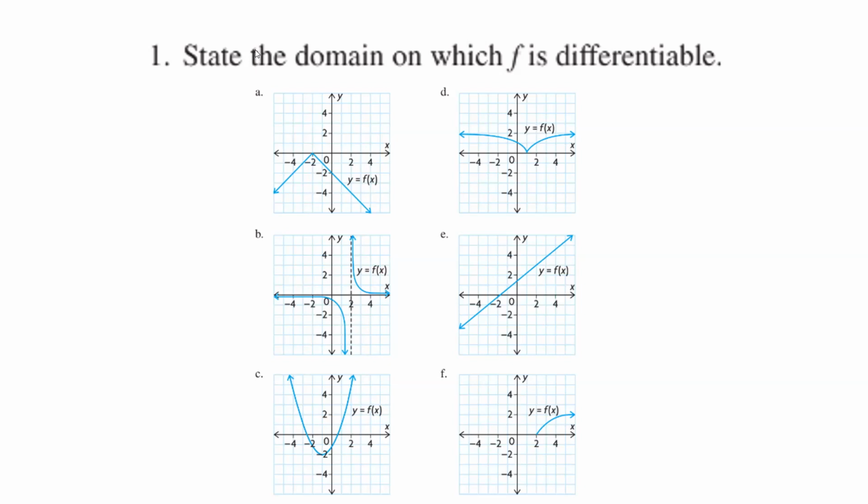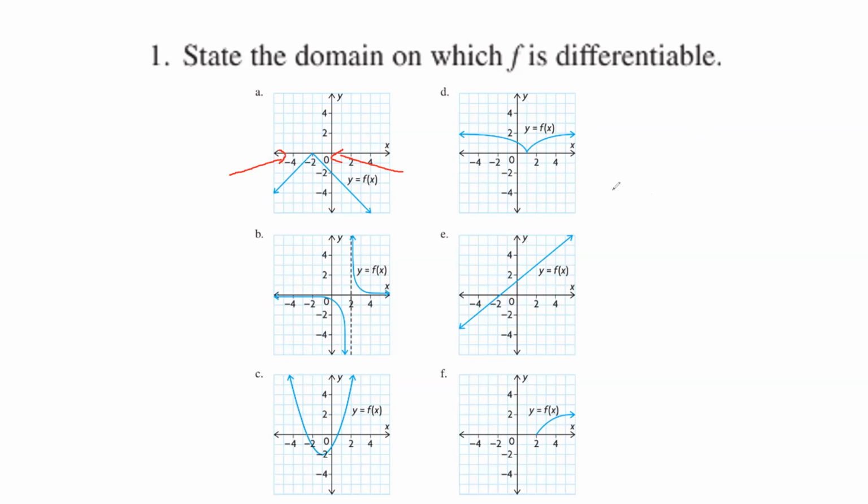To remember why it's not differentiable, remember the definition of a limit. When we approach the point from both sides, something should be fulfilled. Basically, to answer this question, you don't need to know any of the definitions.